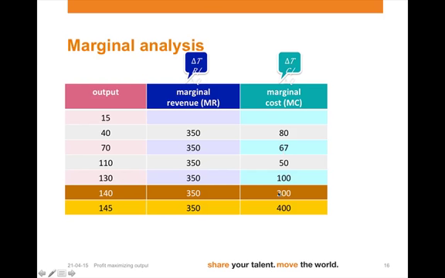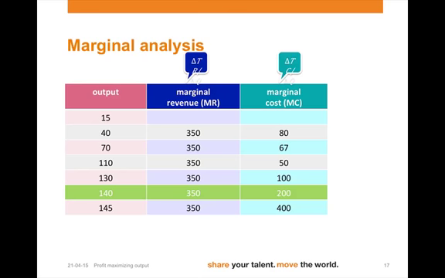So if this firm is given the opportunity to produce 145, it will find out that the marginal cost is exceeding marginal revenue, and it will therefore decide not to produce 145, yet 140 to maximize its profit.